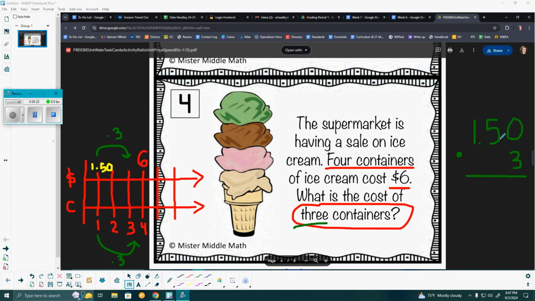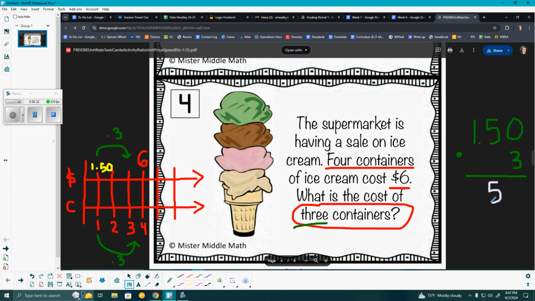I'm going to do my work real quick over here to the right. I know that 0 times 3 is just going to be 0. 5 times 3 is going to be 15. 1 times 3 is 3, plus 1 is 4. I'm going to bring my decimal straight down.